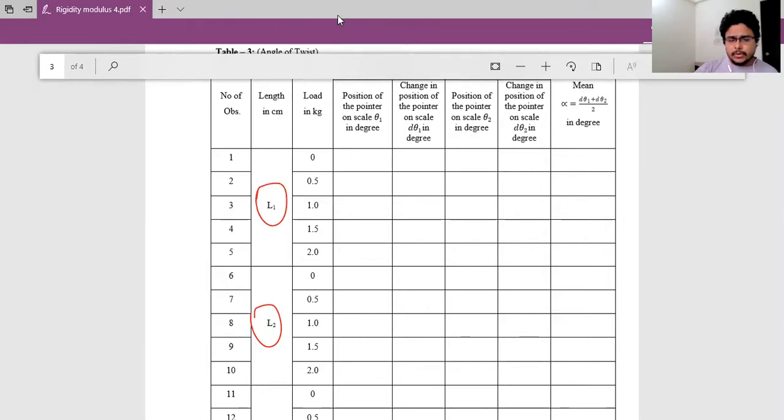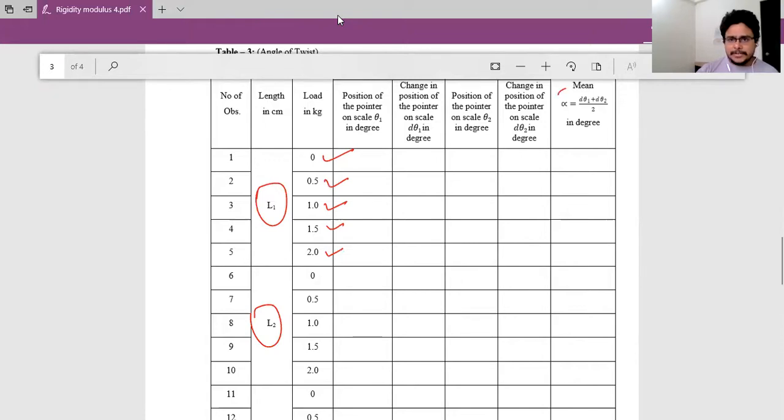Then you put the loads, and you keep on increasing the loads, like 0.5 kg load, and every time you note the change in the angle, the angle of rotation. Then you take out the loads as well, from 2 to 1.5, 1, 0.5 and 0.